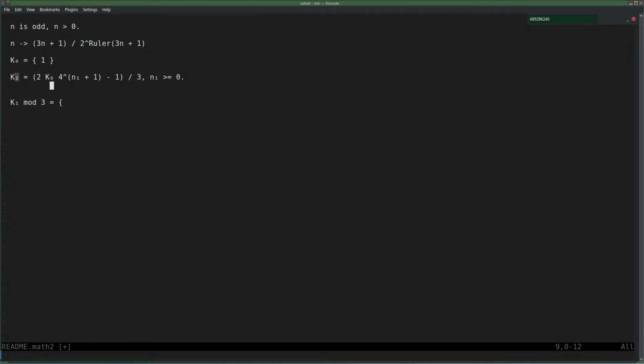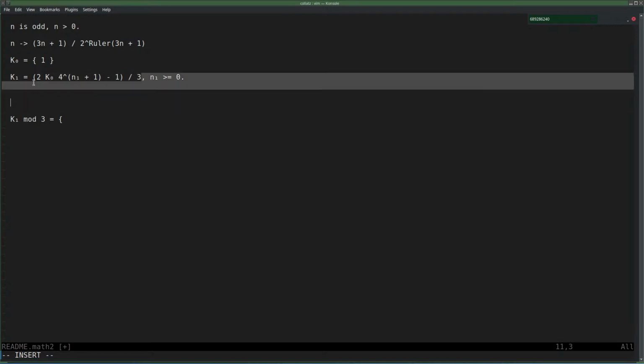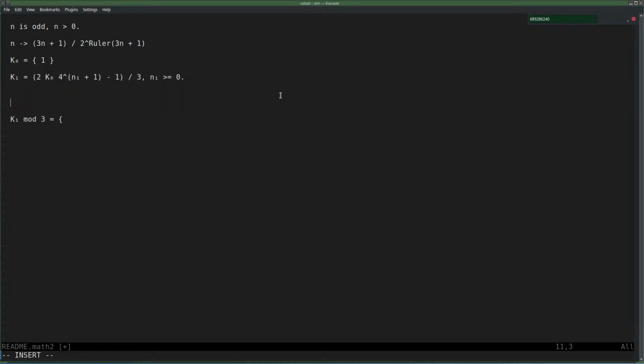K0 is just 1. So maybe I should start with writing this down as a function of n1. So let's say lowercase k1 is a function of n1. Here's one element of K1 equals that expression.